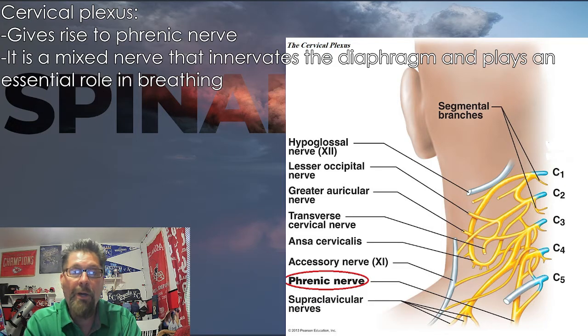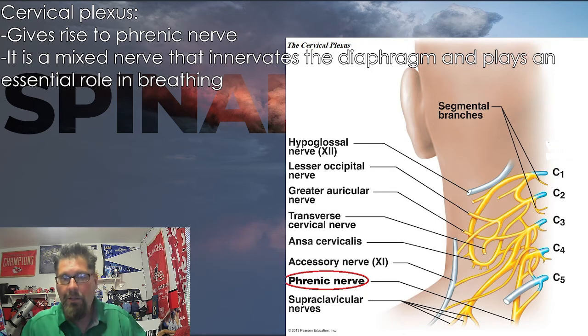But another special thing that it does, out of the cervical plexus comes the phrenic nerve. And the phrenic nerve is super important because it supplies the nerves for the diaphragm and plays a huge role in your breathing, lifting up as the lungs fill, or pressing out the air, and lowering as they empty.